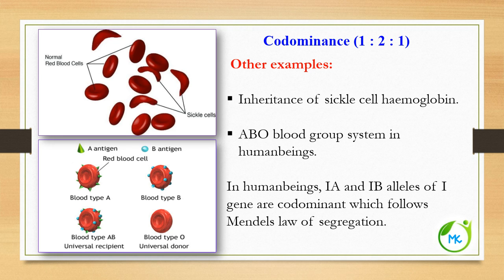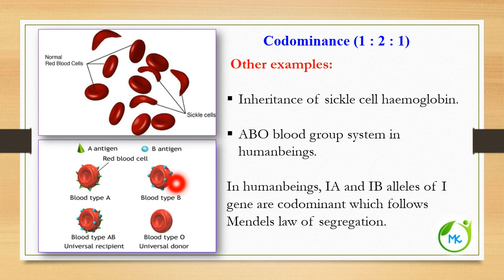And the next example for codominance is the ABO blood group system in human beings. And in ABO blood group system, you could find 4 different blood groups, A, B, AB and O. So AB blood group is an example for codominance. So here you could see, I have given you as an example 4 different blood types. So blood type A, if it has got A antigen. B blood type, if it has got B antigen.